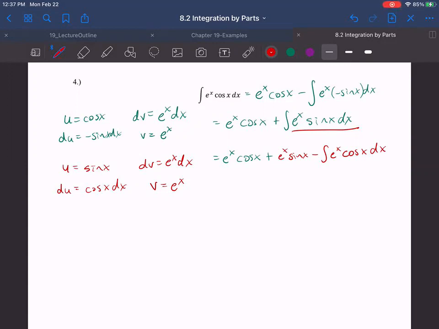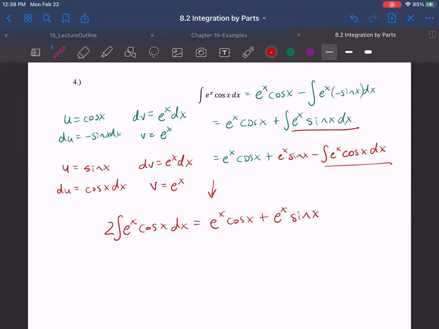So we're out of luck, right? Nope. Take a little trick. We're going to add that integral to both sides. I take this integral right here and I add it to both sides. And I get 2 times the integral e to the x cosine x dx equals e to the x cosine x plus e to the x sine x.